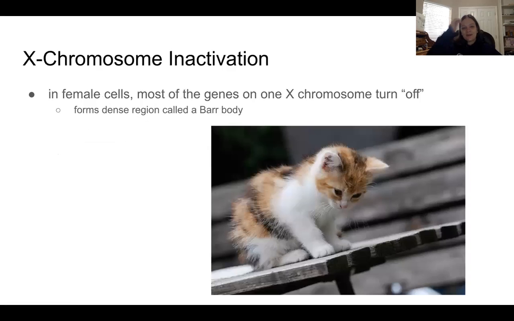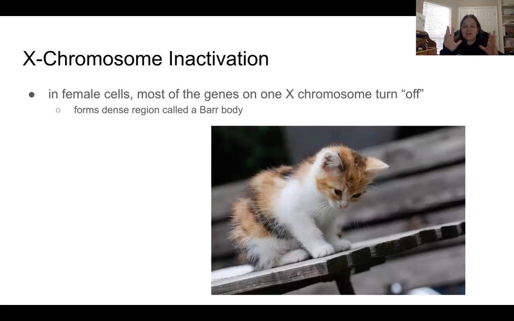Another thing that happens, so females have 2 X chromosomes, but for a lot of our genes, having 2 X chromosomes is actually too much. So what happens in females, it doesn't happen in male cells because they only have the 1 X chromosome. But in females, in most of our cells, one of our X chromosomes will randomly turn off.